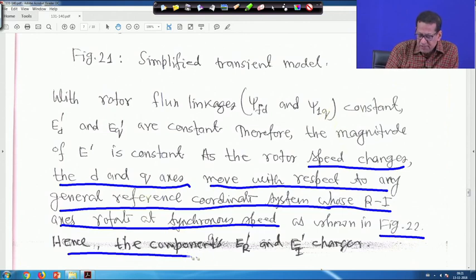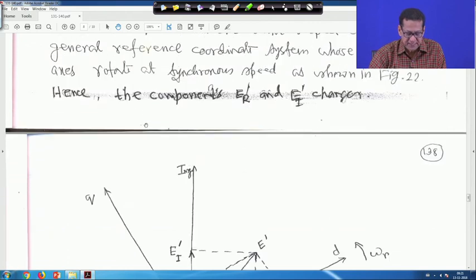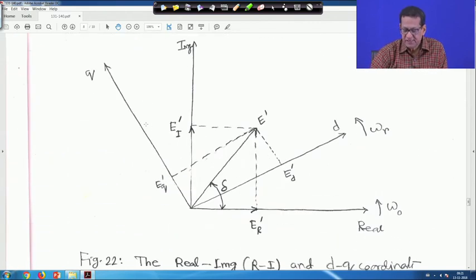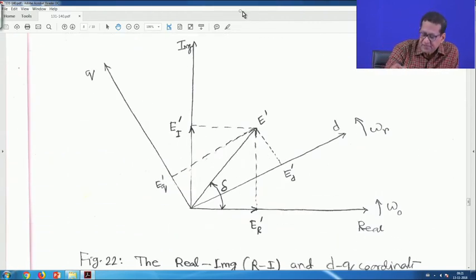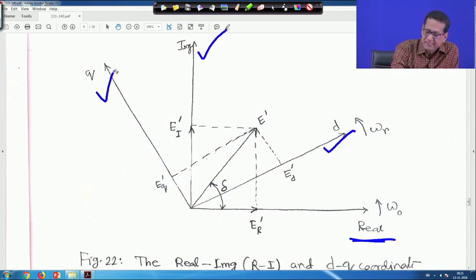Hence, the components E r dash and E I dash change. So, when we go to the figure, this is the real axis and this is the imaginary axis, and this is the d axis and this is the q axis, and this is omega r.